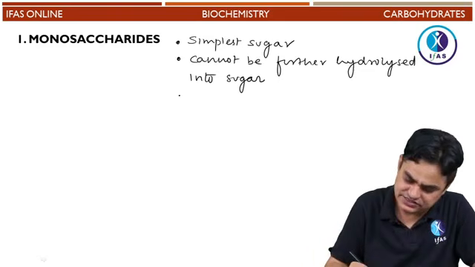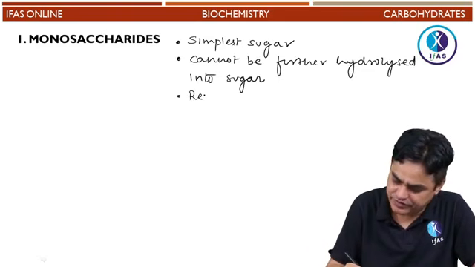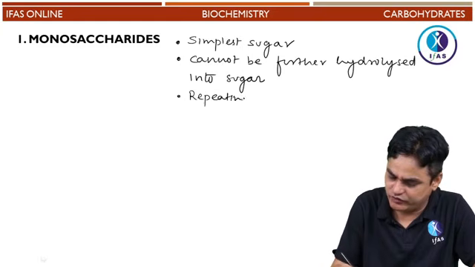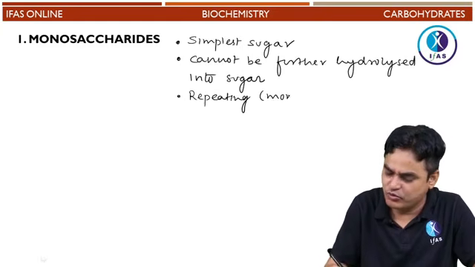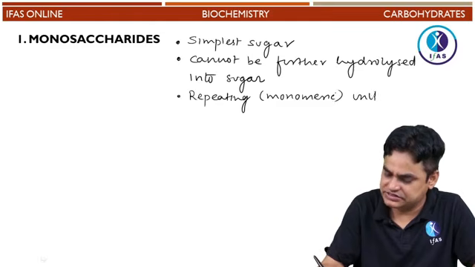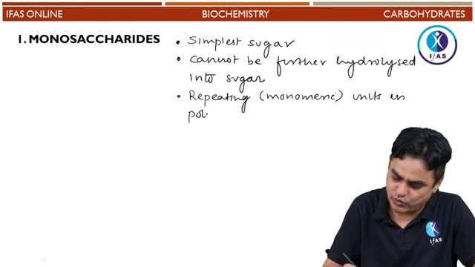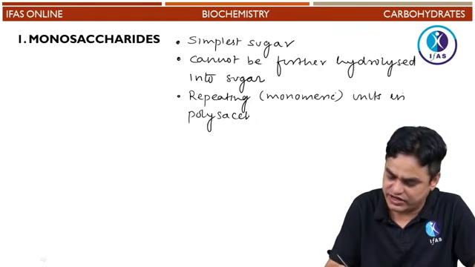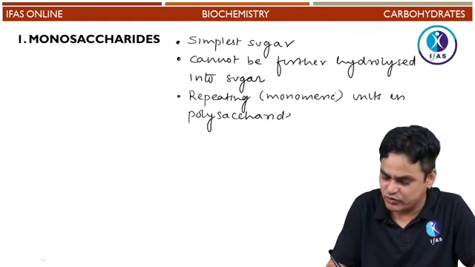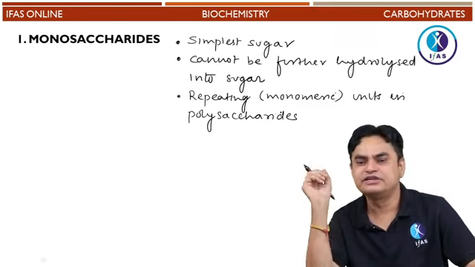These monosaccharides are repeating, or we can say monomeric, units in polysaccharides. If you carry out a complete hydrolysis of polysaccharides, you will get these monosaccharides.